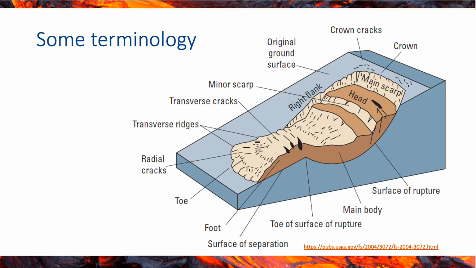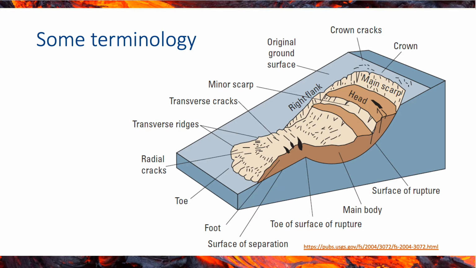Here's an image which gives you some of the main terminology to describe the physical characteristics of landslides. The main features you will tend to find are the crown and the main scarp. You then have the head of the landslide, which is the top surface of the material that's moved, moving down through the body of the landslide to its foot and then the toe, which is the very tip of the front of the landslide.